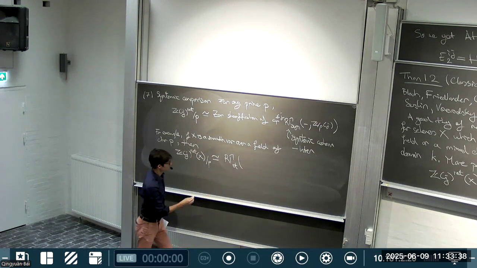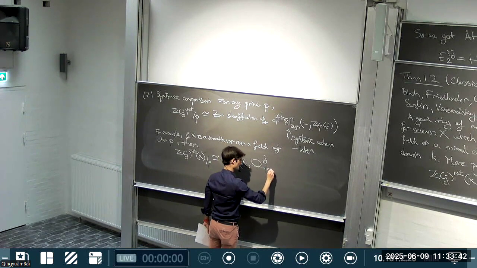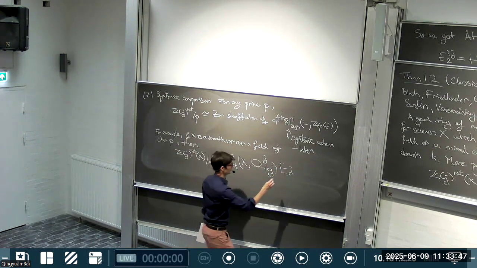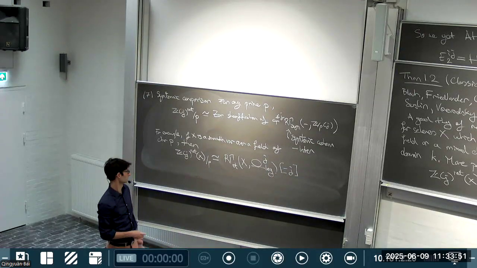I'm going to take the étale cohomology of a certain explicit sheaf that I'll define for you, and then again there's some shift into higher cohomological degree.